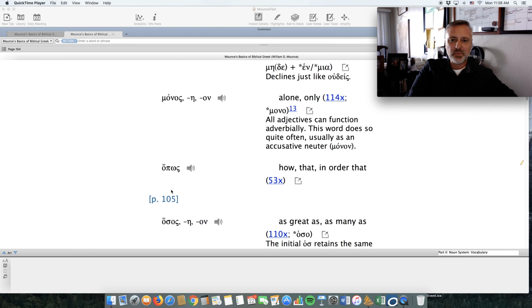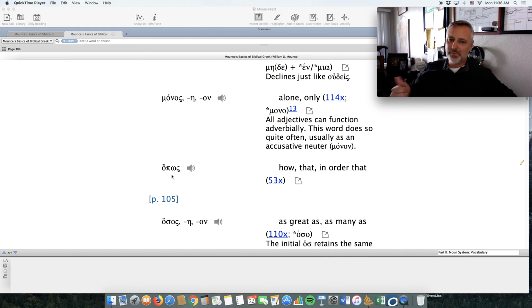Okay. Hopos, how, that, or in order that. Hopos. You're going to find that these little particles like men, oun, hopos, these are the things that are going to be on your vocabulary rings.